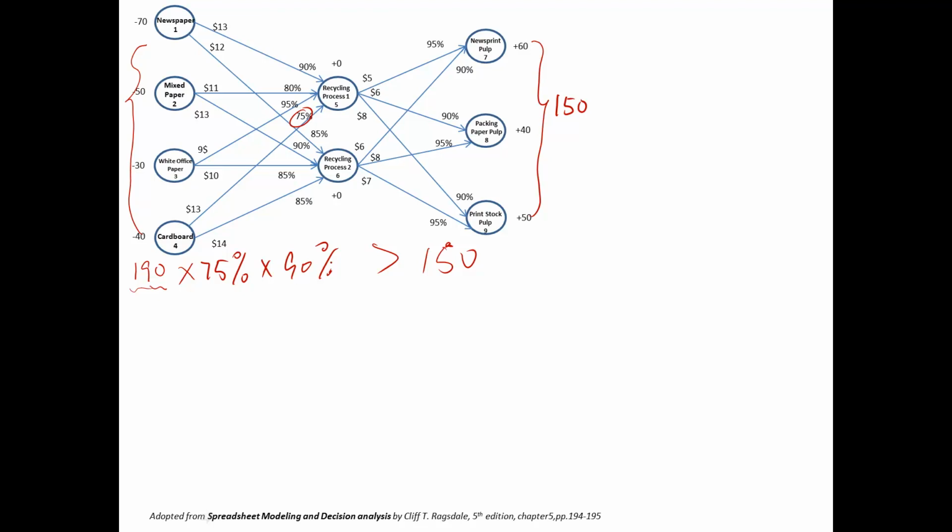However, in this case, it's not. We're not sure whether it's going to meet it or not. So what we can do is assume that the total supply will meet the total demand, and formulate the constraint according to this assumption. Then we implement it in Solver and try to solve it.